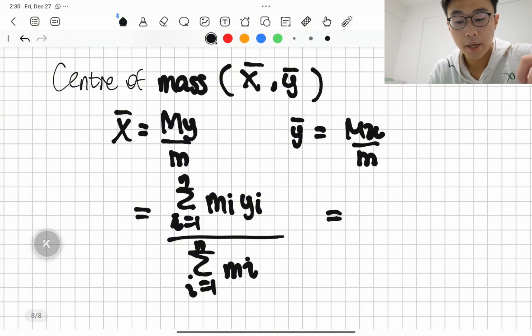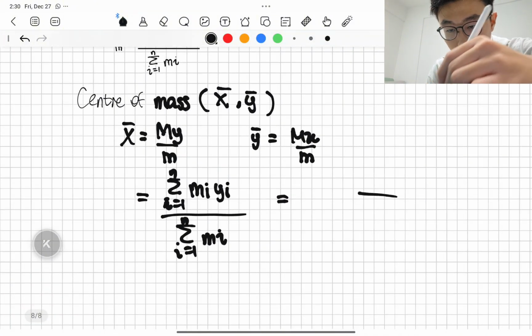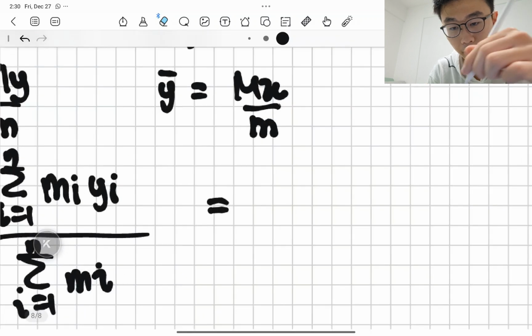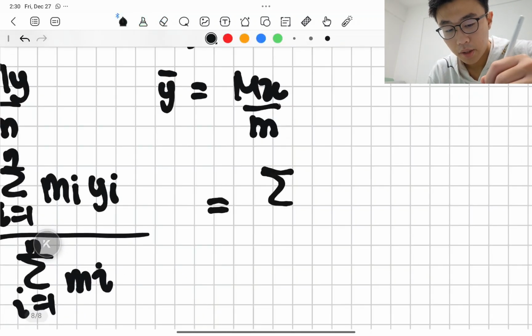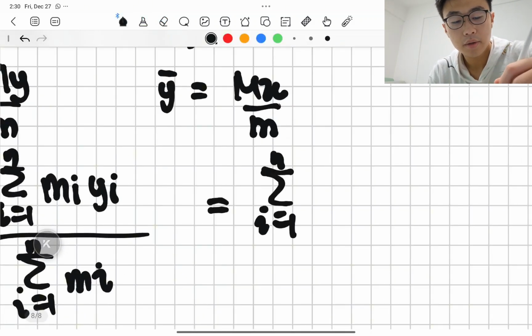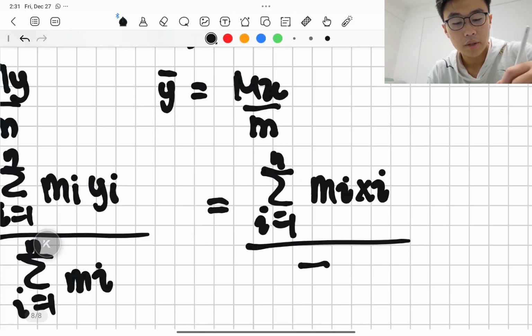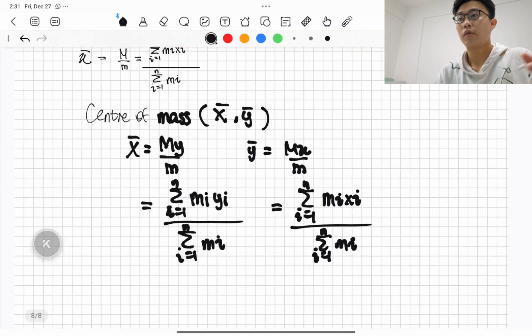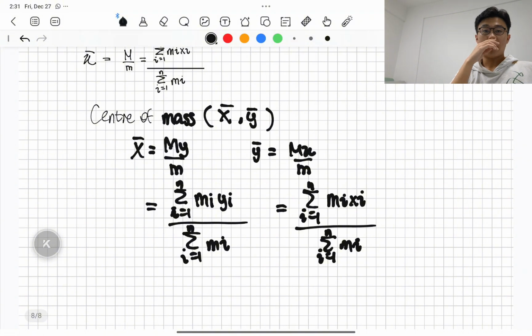Same goes for the y, which is the sum of mi xi over the sum of mi. So this is the formula for a system of n masses located at the points x1, y1, x2, y2, and so on.